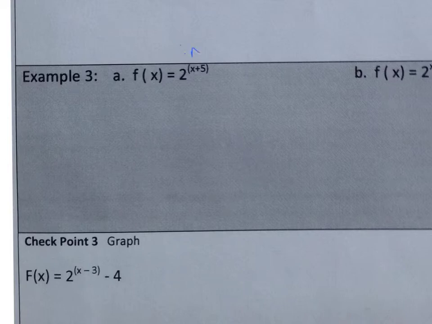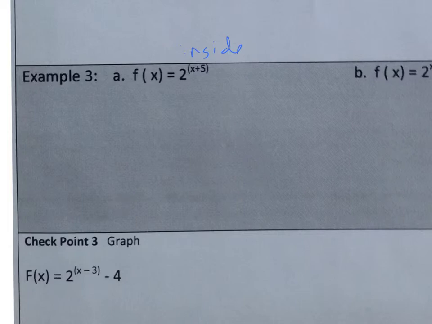And if you also remember what the inside does, the inside shifts the graph left or right. And so this would be our regular 2 to the x graph, but we're going to shift it to the left because it goes opposite. Plus 5, you would think it would go right, but it's the opposite.